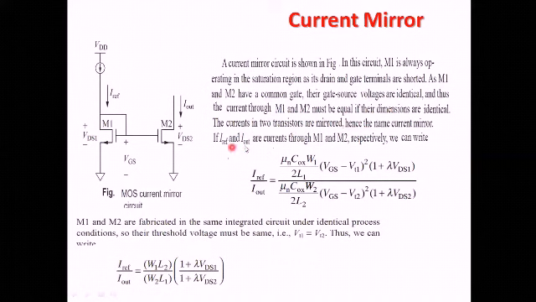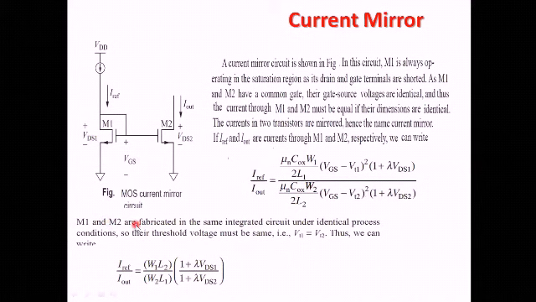If Iref and Iout are the currents through M1 and M2 respectively, we can write Iref by Iout is equal to mu n Cox W1 by 2L1 into (VGS minus VT1) whole square into (1 plus lambda VDS1) by mu n Cox W2 by 2L2 into (VGS minus VT2) whole square into (1 plus lambda VDS2).